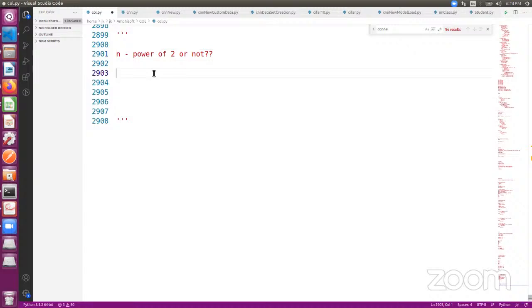Now you can tell your ideas. Output is yes or no. That's all. Any number would be given. You should just check whether it is a power of 2 or not.